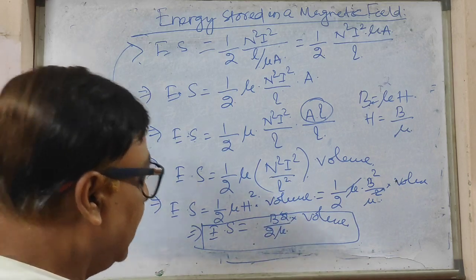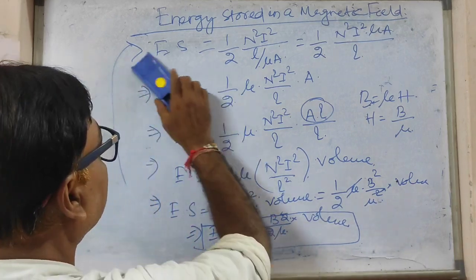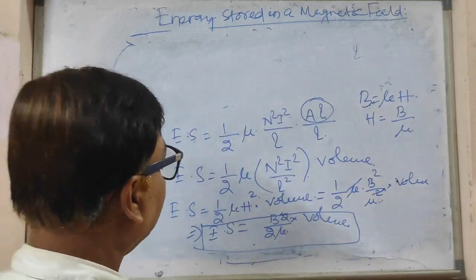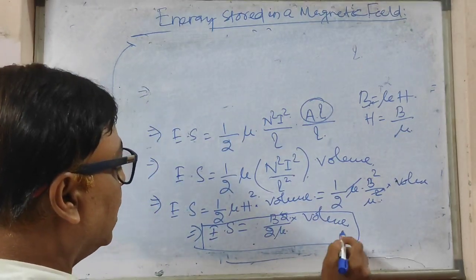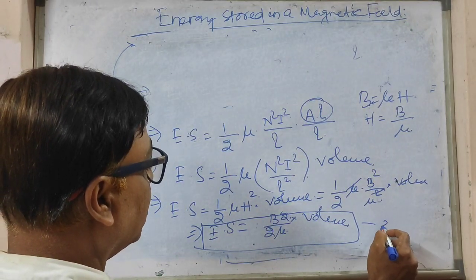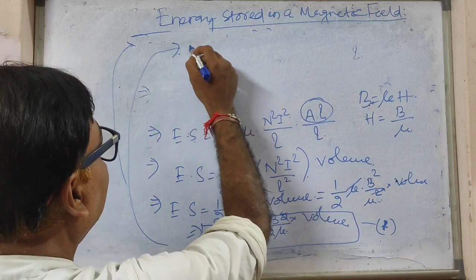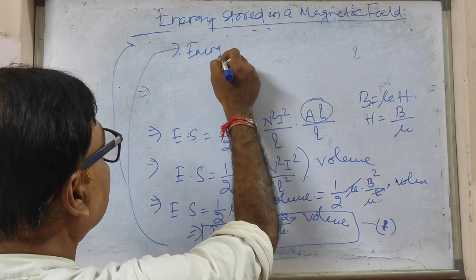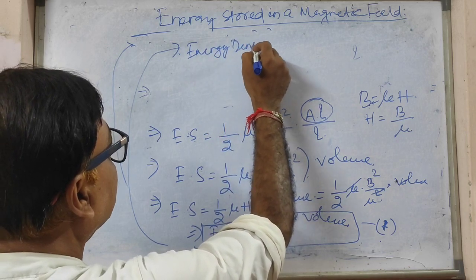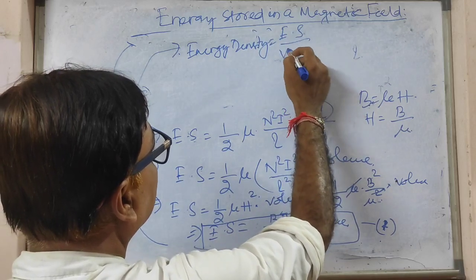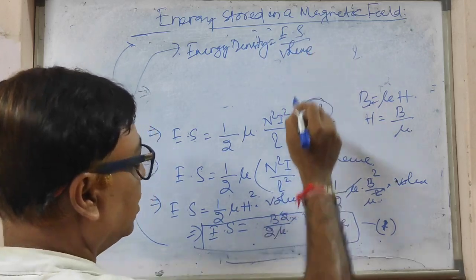Now what is the energy density? We know that the energy density is given by the energy stored per unit volume. Suppose this one is equation 1. Now this leads to the energy density, which is the energy stored per volume.